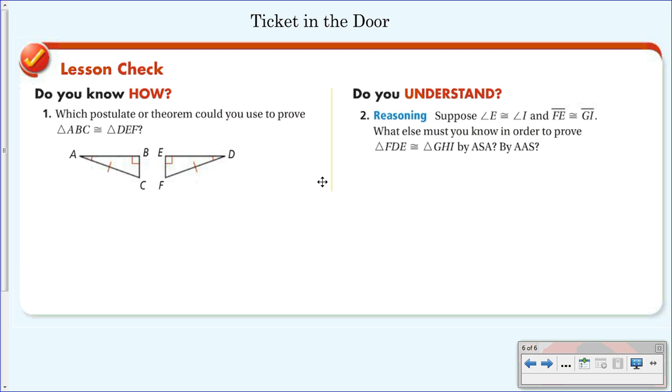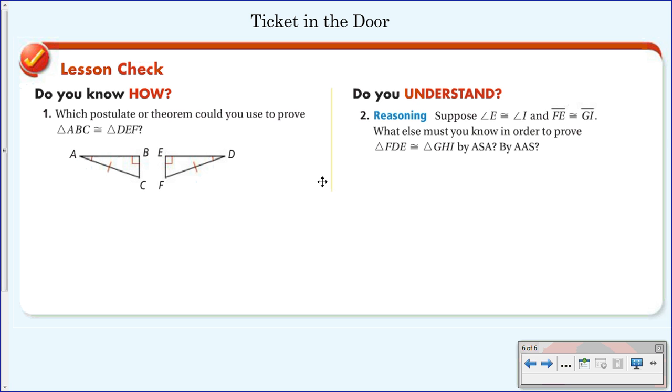Now we know four ways to prove triangles congruent. We have side, side, side, side, angle, side, angle, and angle, angle, side. Here's your ticket in the door. Number 1, which postulate or theorem could you use to prove triangle ABC congruent to triangle DEF?